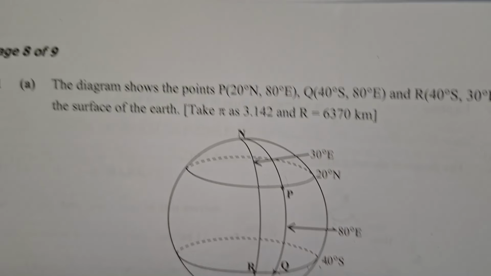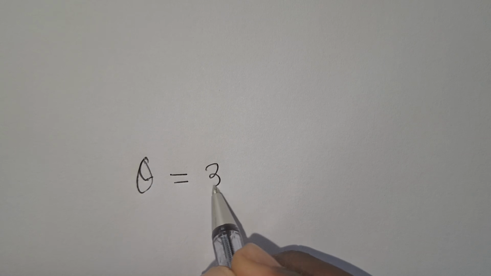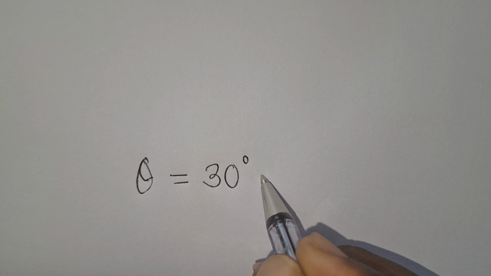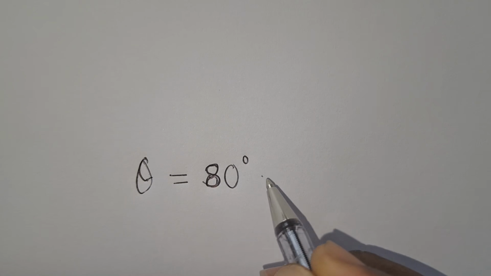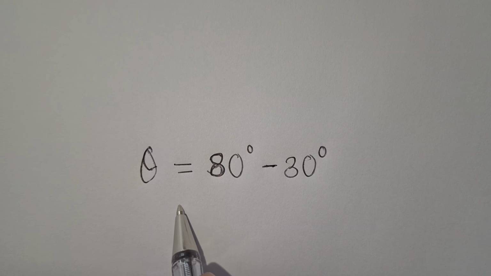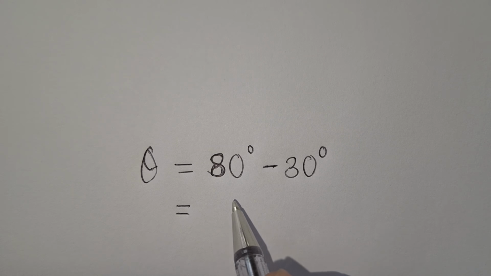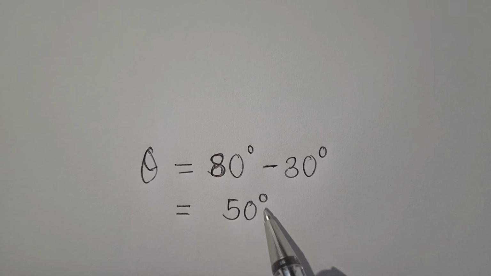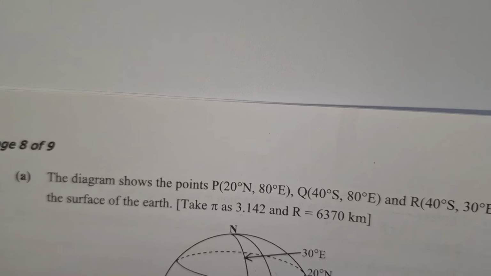For us to find the difference, we're going to write theta is equal to, we know one of them was 30 degrees east, so we shall start with the bigger number, 80 degrees east minus 30 degrees east. So same sides we subtract, and this is giving us 50 degrees. So our difference in longitude is 50 degrees.